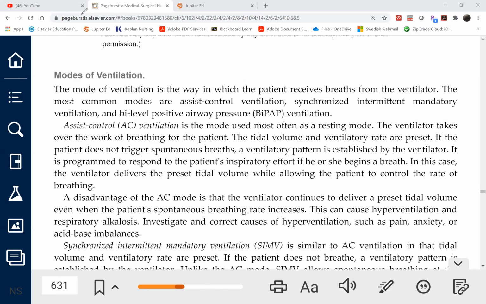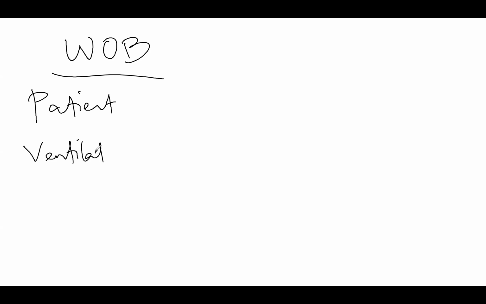So it's all based on work of breathing. This is usually shared by the patient and the vent. So the patient and the ventilator. The mode will tell you who does how much of the work of breathing.